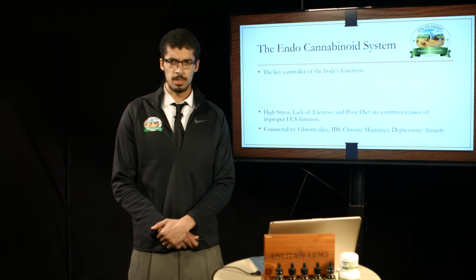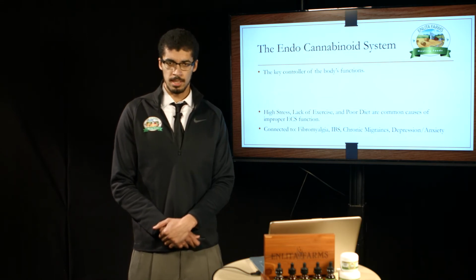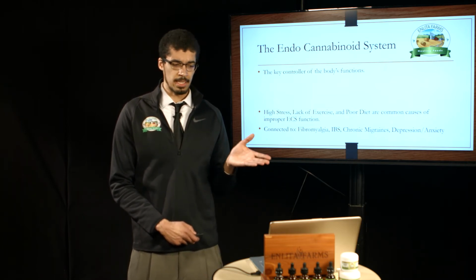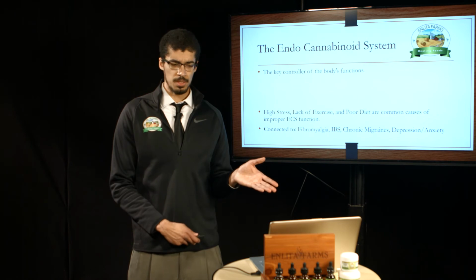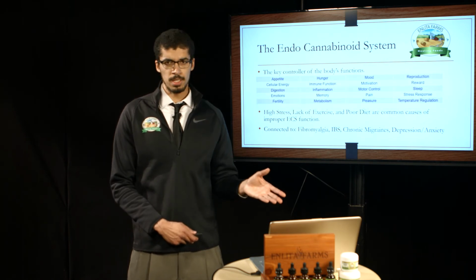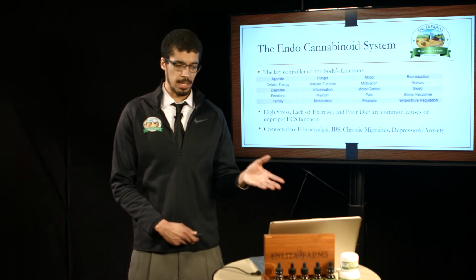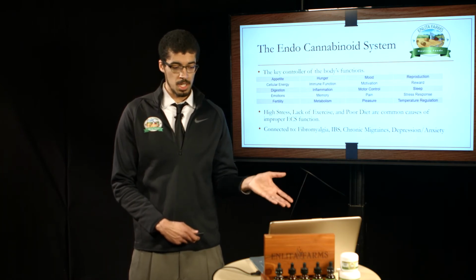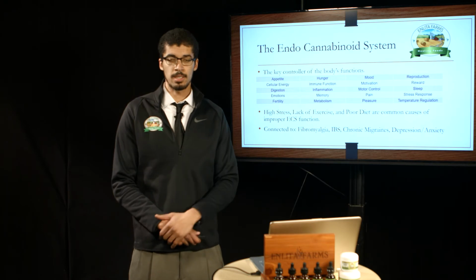So we have to find out what that does now, because if we're taking CBD oil, it's affecting this system. The main thing about the endocannabinoid system is that it's a controller of your body's functions. So it's helping with the properties and processes that aid appetite, digestion, inflammation, motivation, stress response, sleep, reward, etc.